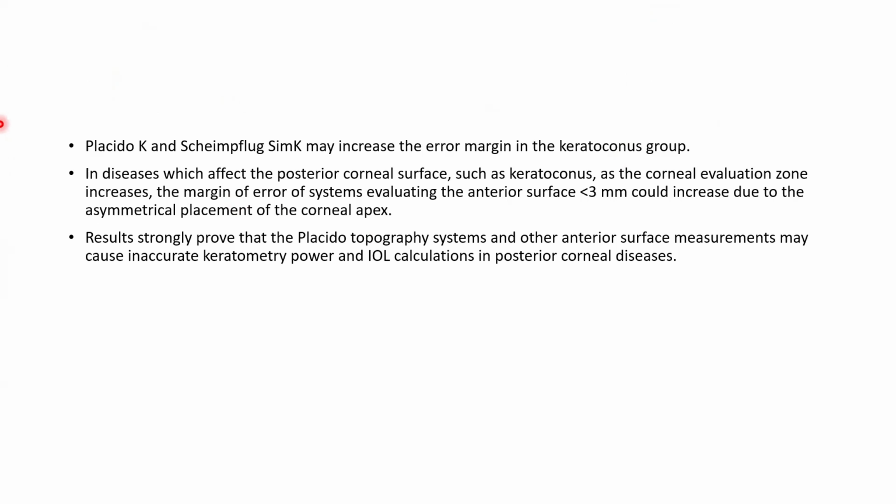So according to the authors, in diseases which affect the posterior corneal surface, as the corneal evaluation zone increases, the margin of error of the systems which essentially evaluate the anterior corneal surface less than 3 mm, which means the Placido and the topographers, the errors of those instruments could increase due to the asymmetrical placement of the corneal apex. And in their study, the results strongly prove that the Placido topography systems and other anterior surface measurements may cause inaccurate keratometry power and IOL calculations in posterior corneal diseases.